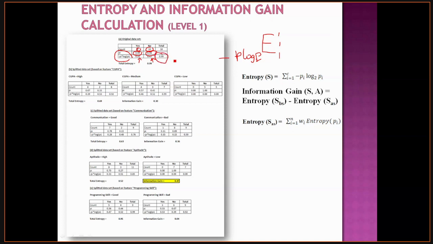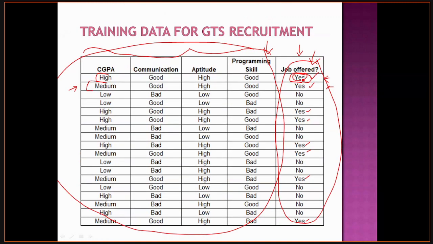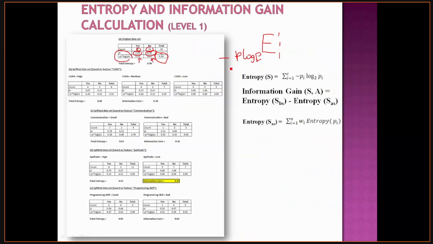So this is the value of the entropy when I start splitting. When I start splitting, I need to divide based on the number of classes. If you look at the target variable, there are 2 possible classes, yes and no, and I split into 2 portions. There are 8 records for yes and 10 records for no. So the probabilities are 8 divided by 18, which is 0.44, and 10 divided by 18, which is 0.56.